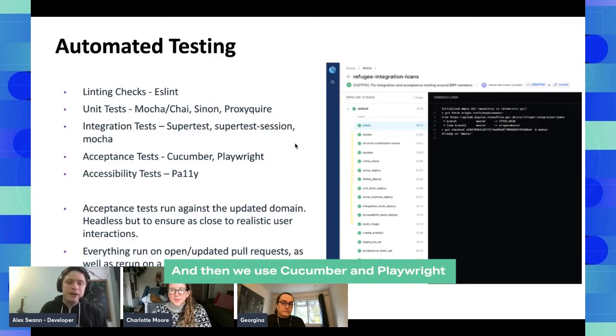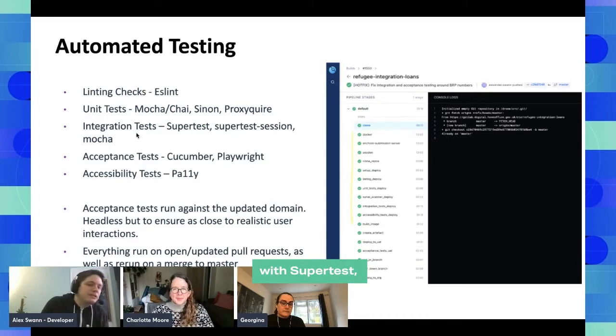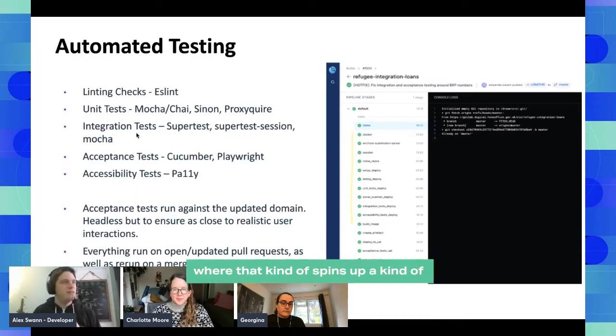And then we use Cucumber and Playwright for acceptance tests for UI, and that's usually if there's a bit more interaction UI logic that's harder to do with something like our integration tests with Supertest, where that spins up a headless process in an enclosed space for the Express app to run in.